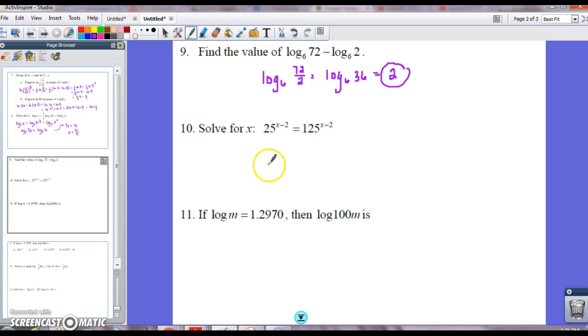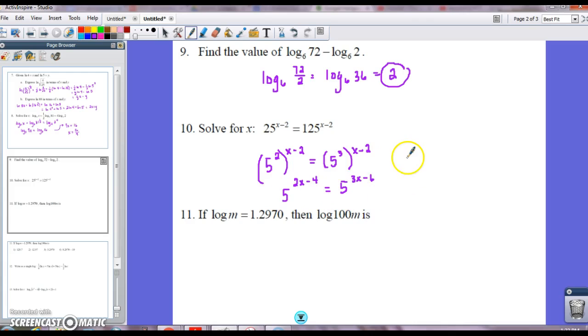So I can rewrite this as 5 squared to the x minus 2, and this would be 5 cubed to the x minus 2. When you raise an exponent to a power, you multiply them together, so you end up with 5 to the 2x minus 4 is equal to 5 to the 3x minus 6.